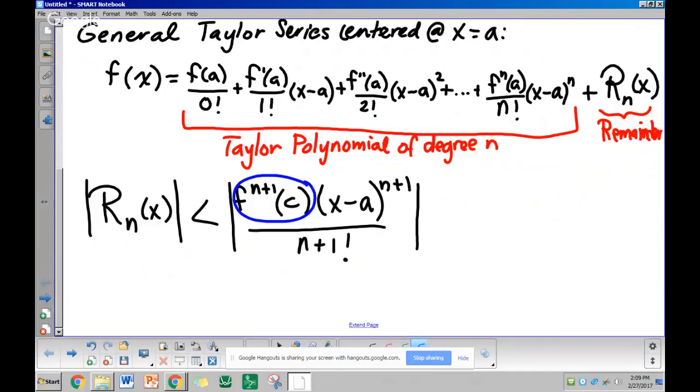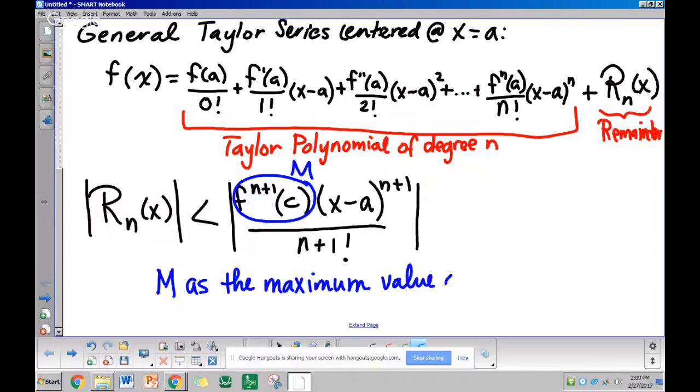So the error is going to be at most, and I call this m. I replace this with m, where m is defined, and this is a little bit different in the book, as the maximum value of the n plus 1 derivative between x and a.